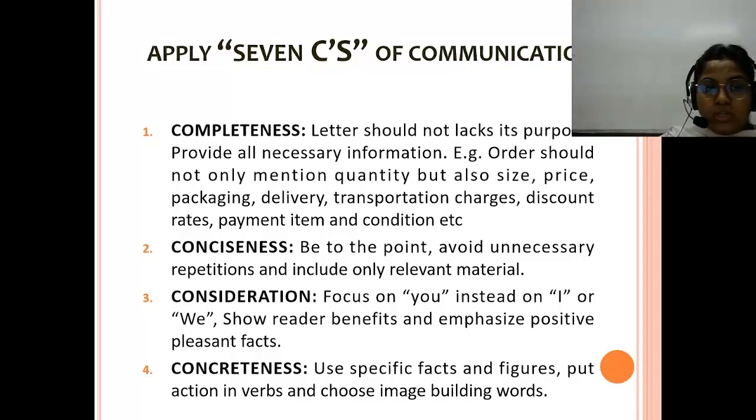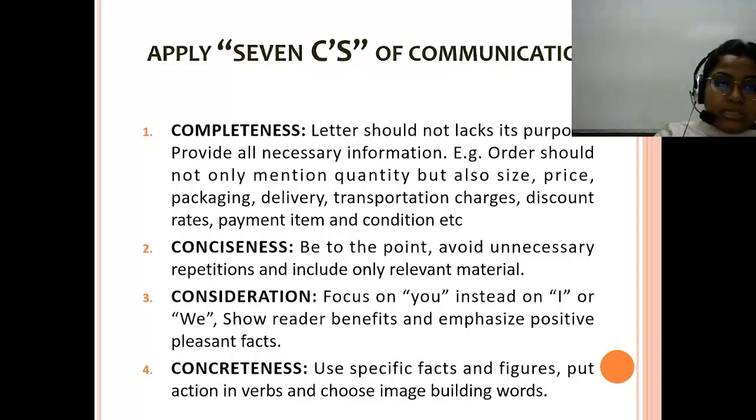Every communication should be clear, helpful, and as friendly as the topic allows. The business letter should have a conversational tone and read as if you were talking to your readers.